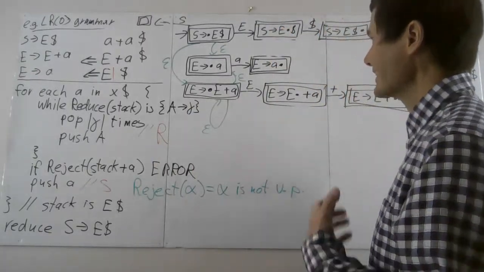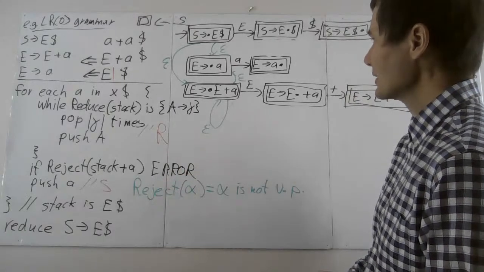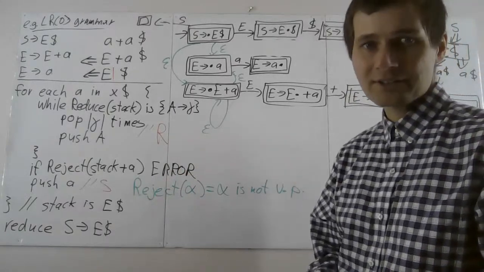Okay, and so, let's see why they would not use that epsilon transition that I removed.